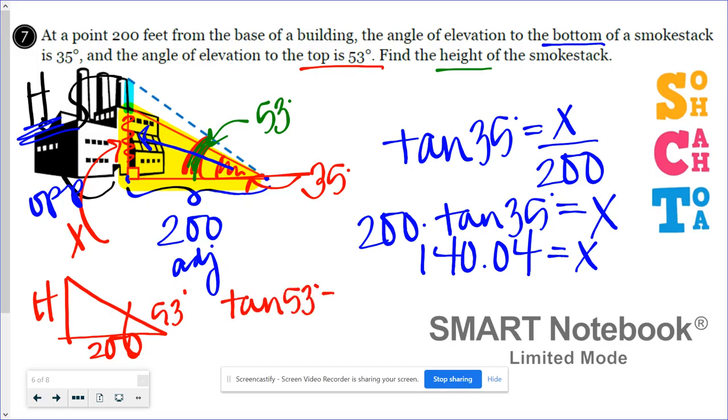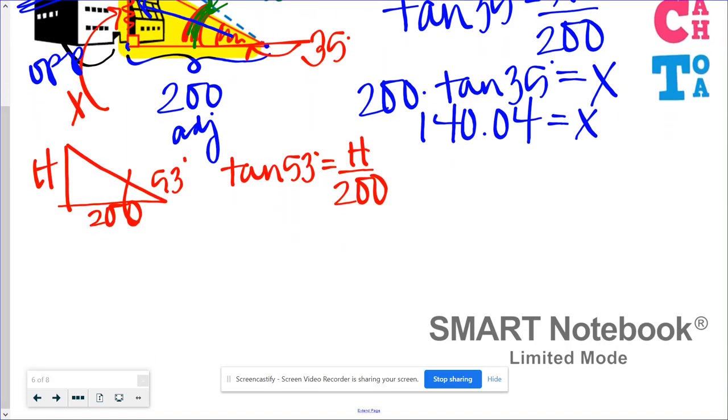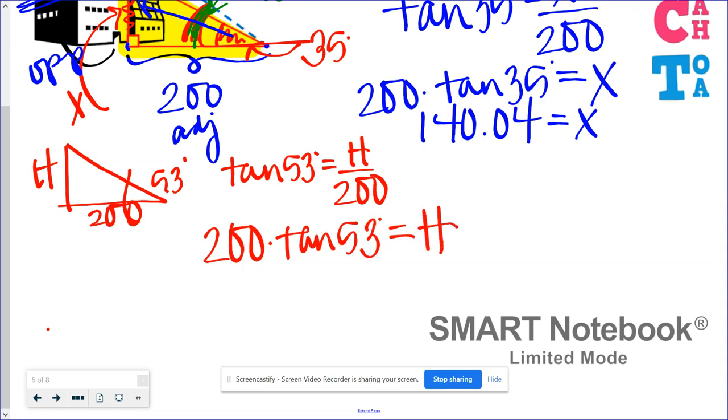So tangent of 53 is equal to the opposite over the adjacent. And this will give me the total height of the building with the smokestack. So 200 times tangent of 53 is big H, the total height of the building and the smokestack. So the total height is 265.41 feet.